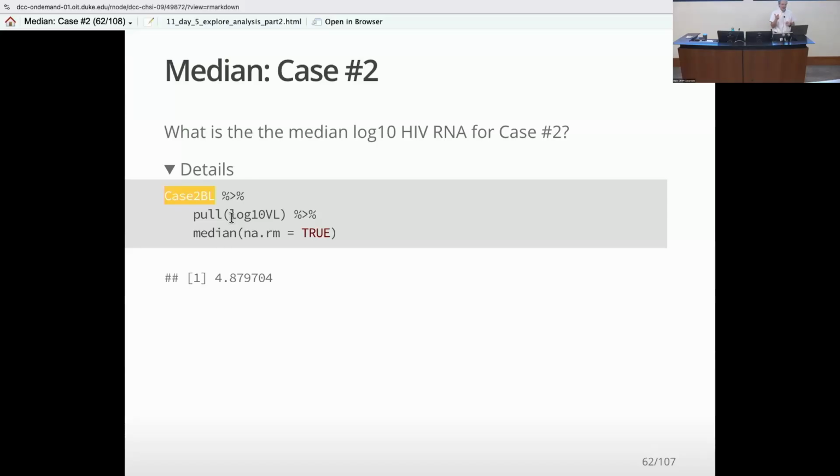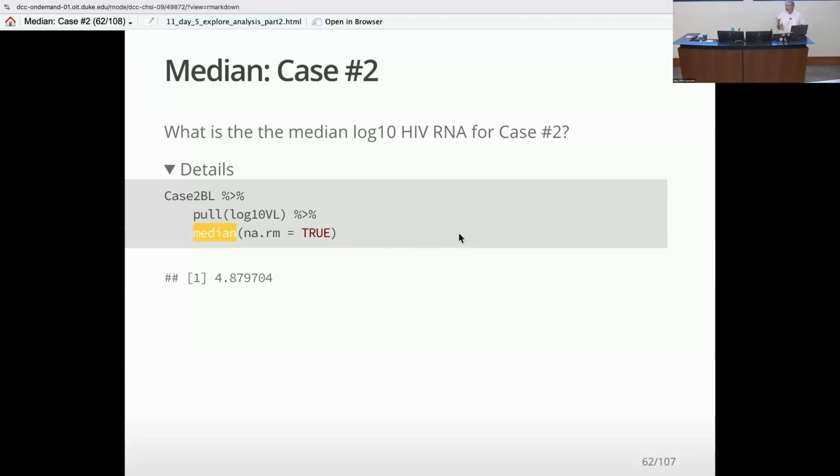Whereas other things, like if we did select, for example, even if we just select a single column, it's going to return a data frame. I think we might be able to get away with it, I can't remember if median would work right on it or not, but it's definitely safer to use poll. Some things, if you give it a data frame with a single column, it'll work okay. But it's safer to use poll.